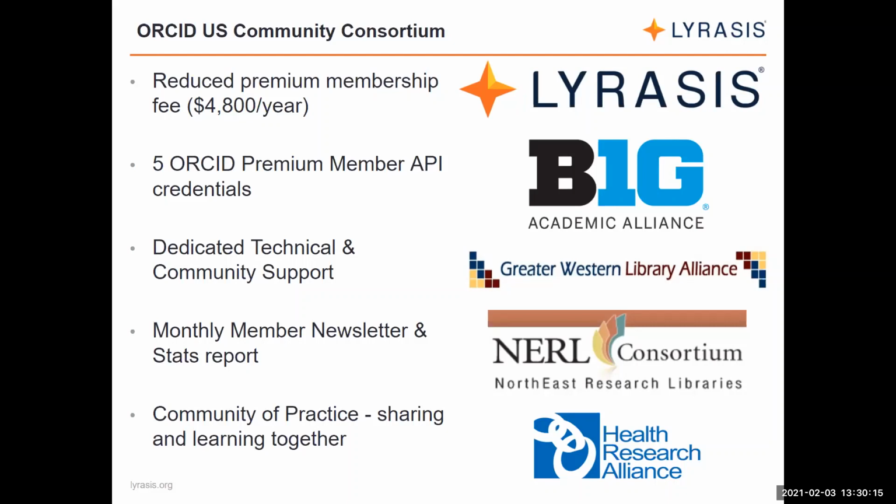And our members receive both dedicated technical support as well as consulting and community support, a monthly member newsletter from Orchid with a statistics report. And most importantly, our group is focused on building a strong community of practice around Orchid in the US. So we have a lot of resources and activities that are geared towards sharing and learning together about how to get the most value from Orchid.